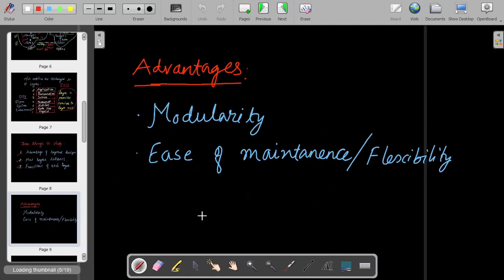Now, what are the advantages of layered design? So, first thing is modularity. It is like dividing a large software project into small modules, and these modules interact with each other in a predefined way. Or I can say, it is like dividing a large program into small functions, and there is a standard interface between every 2 functions.